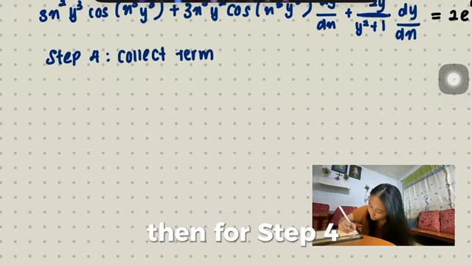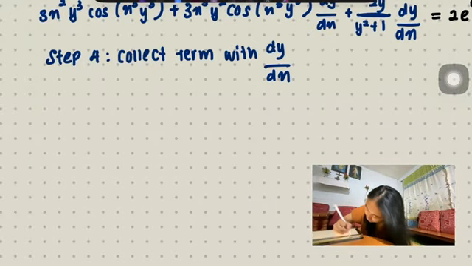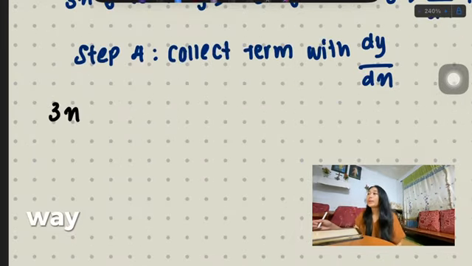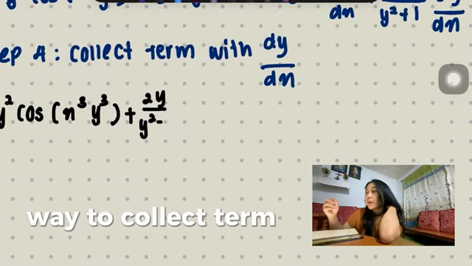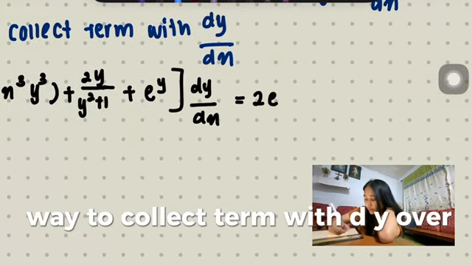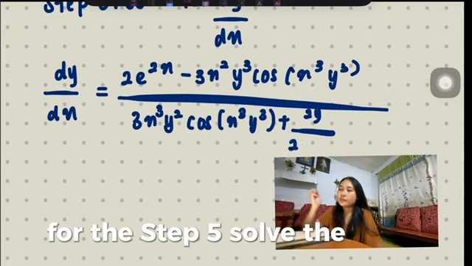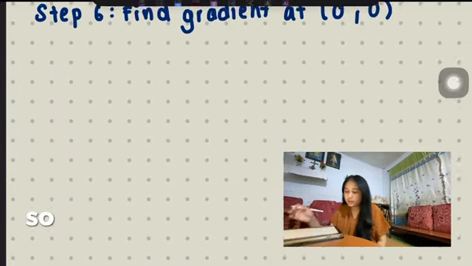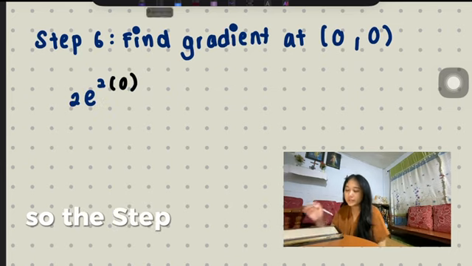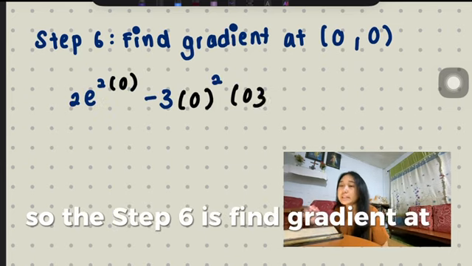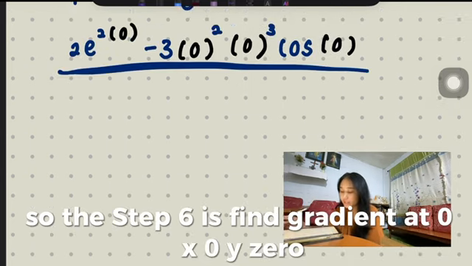Then, for step 4, we collect terms with dy over dx. For step 5, solve for dy/dx. The step 6 is to find the gradient at (x0, y0).